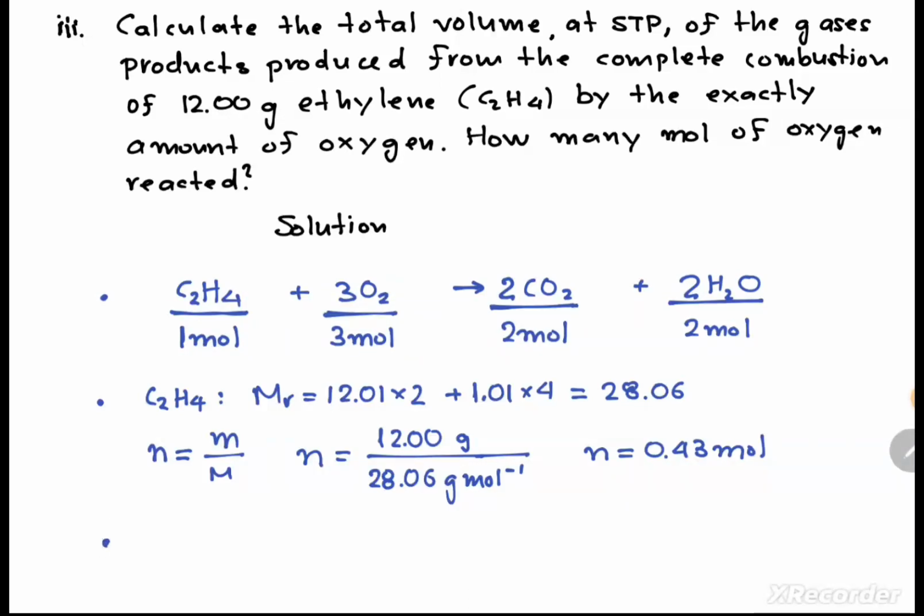We have the relationship from the equation. 1 mole ethylene reacts with 3 mole oxygen and gives 2 mole carbon dioxide and 2 mole water.